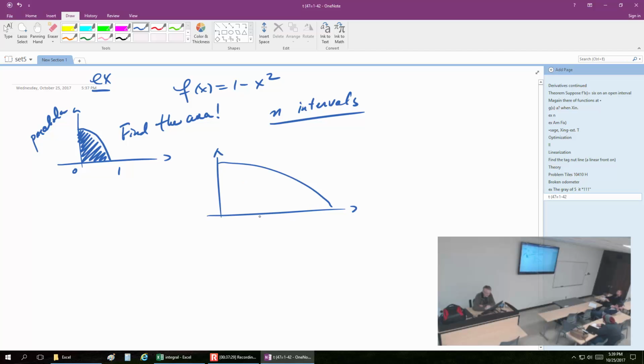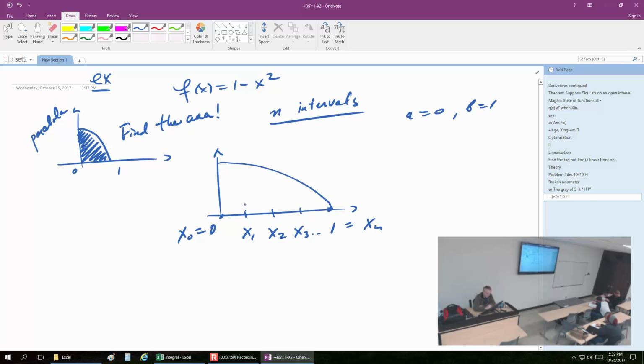The point is that I'm going to take my interval between 0 and 1. So a is 0, b is 1, n is n. I split it into n intervals. Just as an example, I put 4 points here. Once again, this is x1, x2, x3, but then it goes on. x0 is usually the left end, xn is the right end.